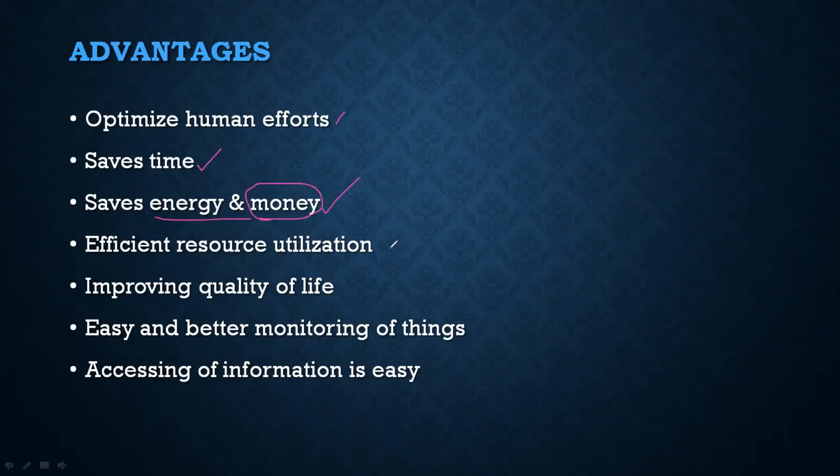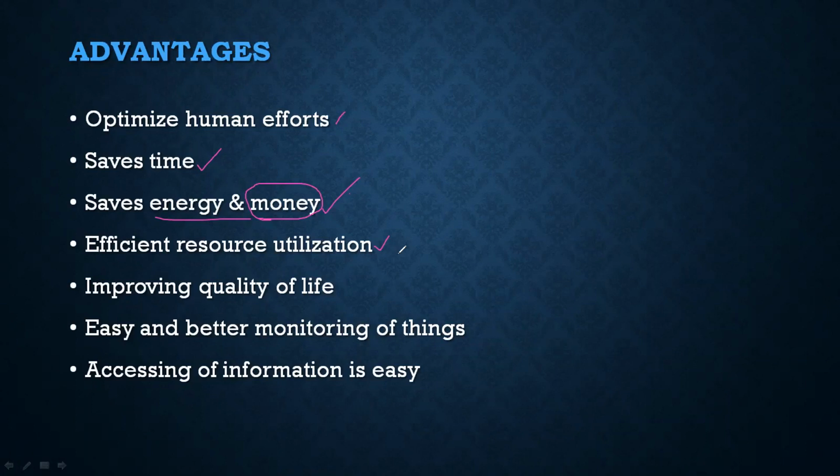Next thing is efficient resource utilization. In the previous video, that is part 1, I already took one example. An alarm set in the phone will intimate the heater when the alarm is turned off by the user.